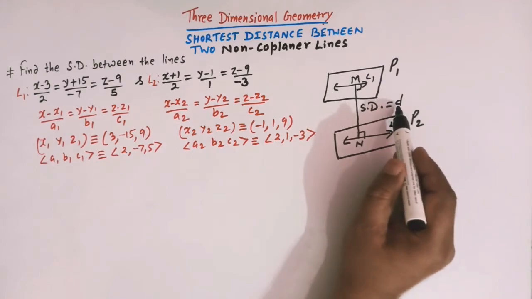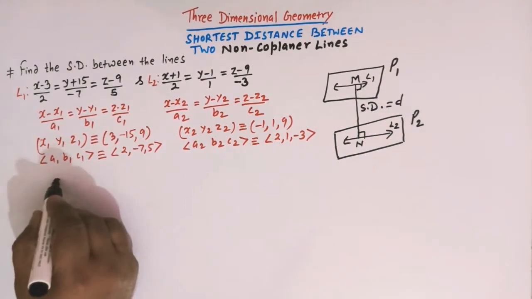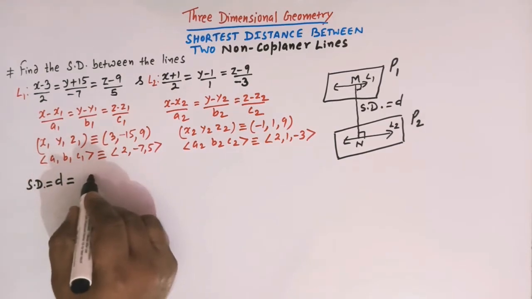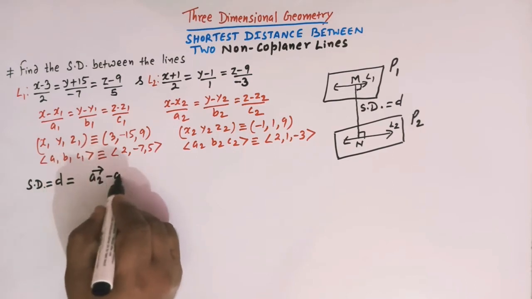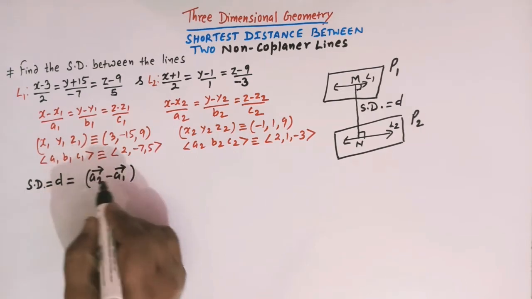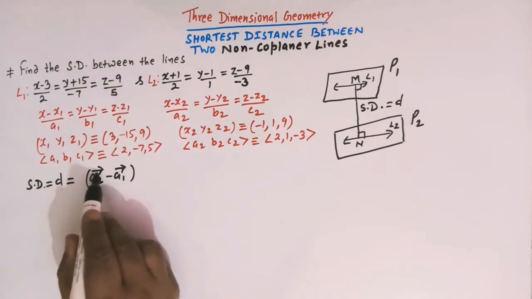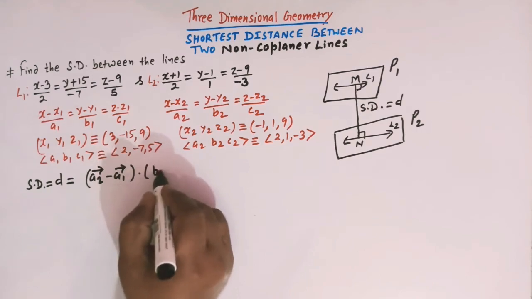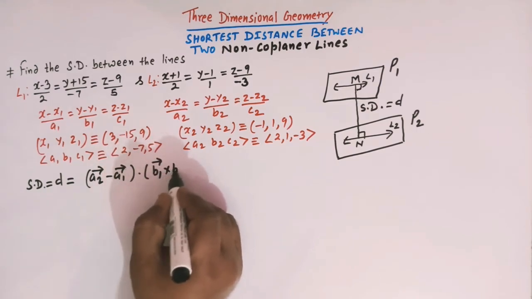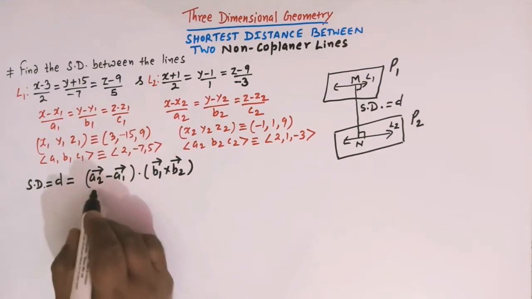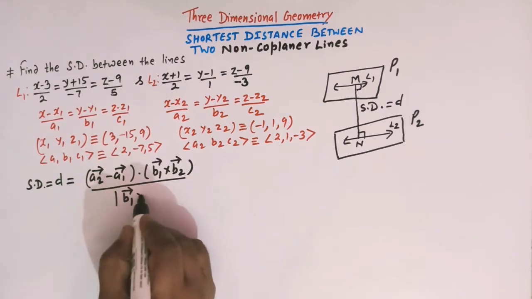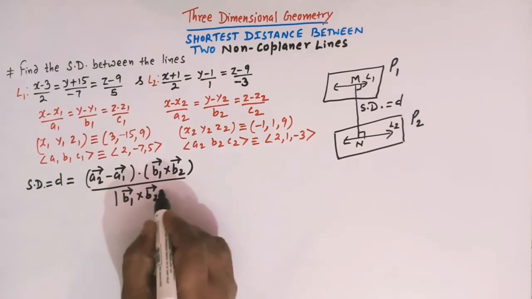So now we know that the formula for calculating the shortest distance is given as (a2 minus a1), the difference of the vectors a2 and a1, then we take the dot product with b1 cross b2, and then we divide it by the magnitude of b1 cross b2, right?